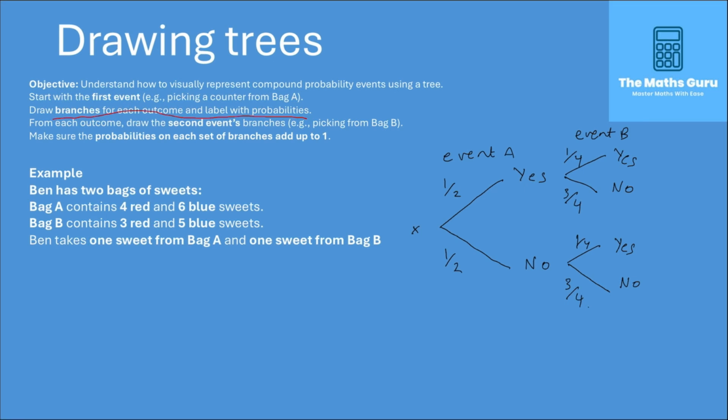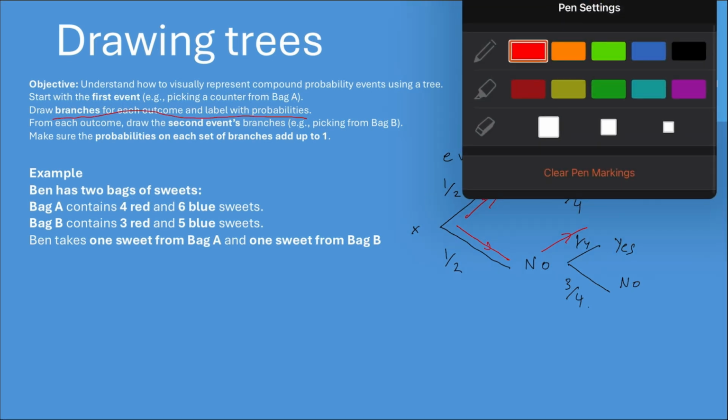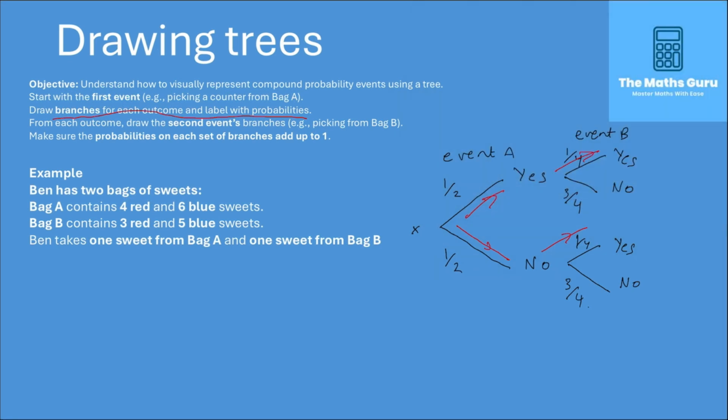The reason why there's two different things is because, say we were told no in event A, but then we were told yes in event B. We could be told yes and yes, or yes then no, or no then no. The way we calculate our compound probabilities is, say we are told no and no. So the probability of no and no is going to be equal to 1/2 times 3/4, which is equal to 3/8, like so.